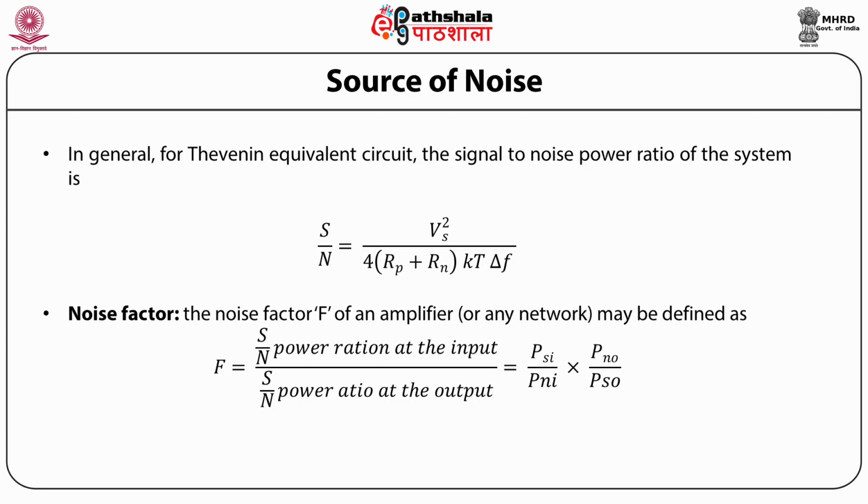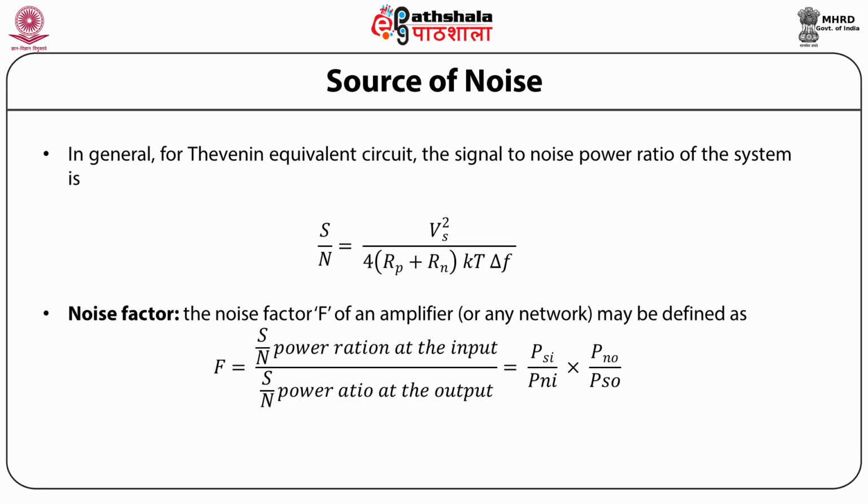The noise factor F of an amplifier may be defined as the S by N power ratio at the input divided by the S by N power ratio at the output.